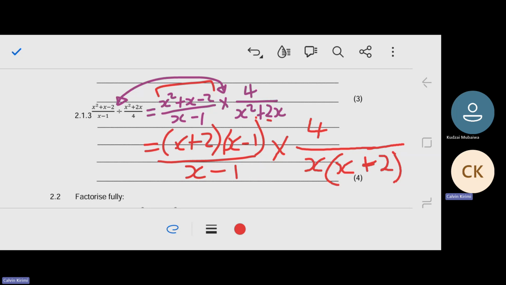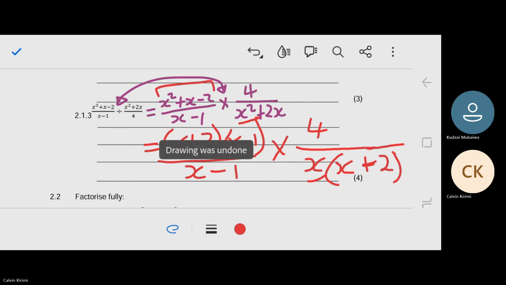What is 2x divided by x? Avoid the same mistakes. What is x squared divided by x? It's x. What is 2x divided by x? It's 2. That's how we are doing it when you are saying division.